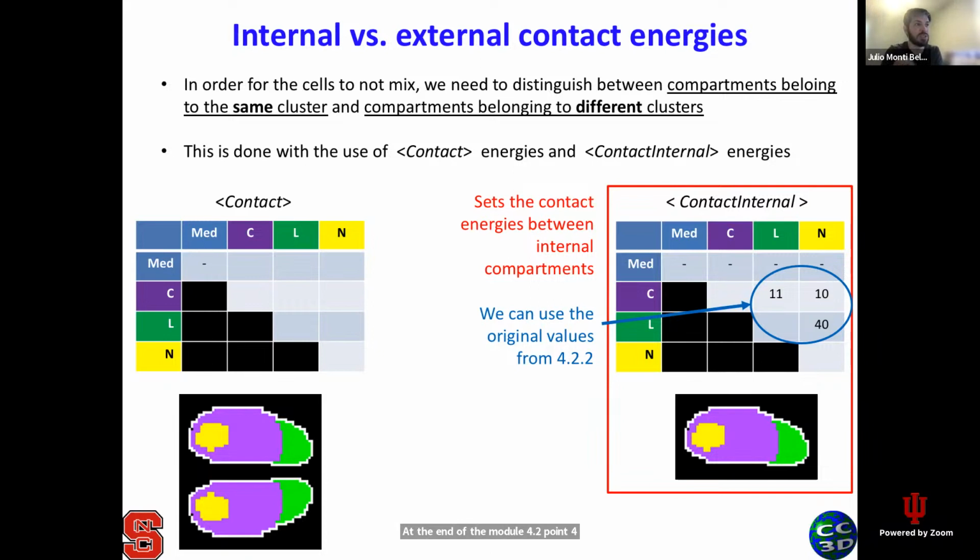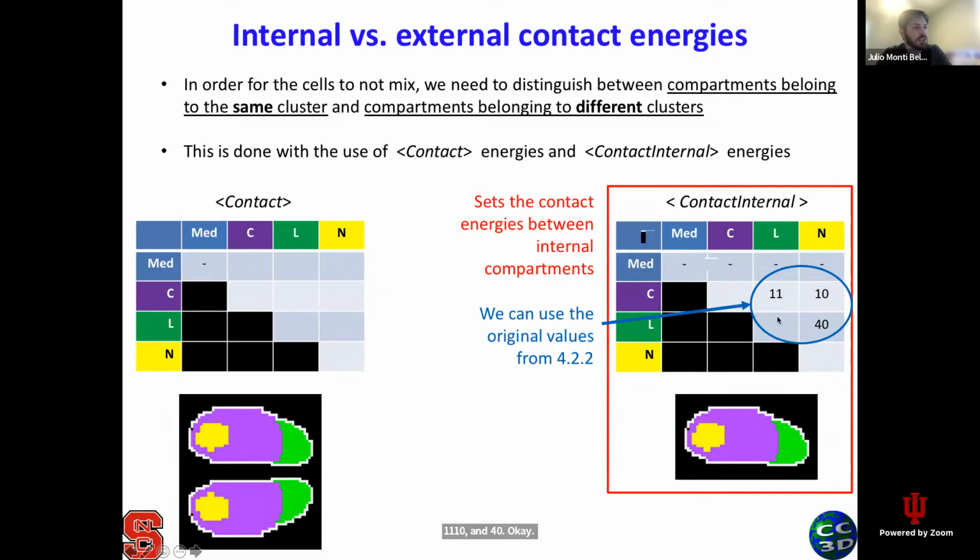So here, with the contact between lateral and cytoplasm, nucleus and cytoplasm, and nucleus and lateral, we can use the same energies that you used with Gilberto. And if I'm not mistaken, they should be 11, 10, and 40, okay?